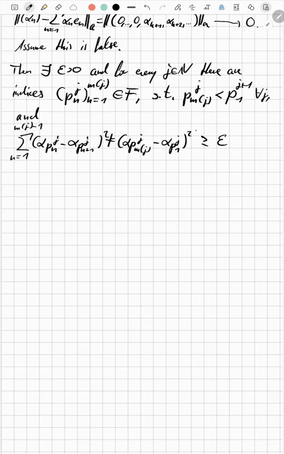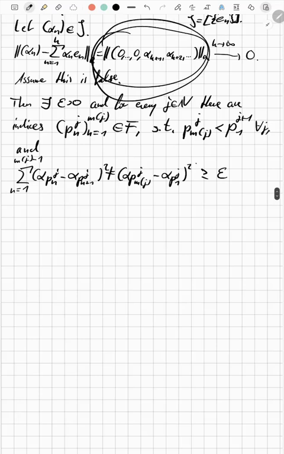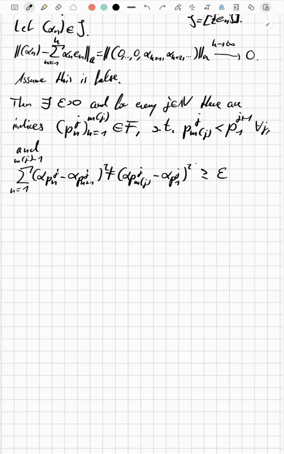Because if, as we assumed, this right here doesn't converge to 0, then there must be, at any point in the series, no matter how far in we look, indices that push the norm over this minimum, so to say, epsilon. And due to the definition of the norm, they thus must fulfill this inequality.